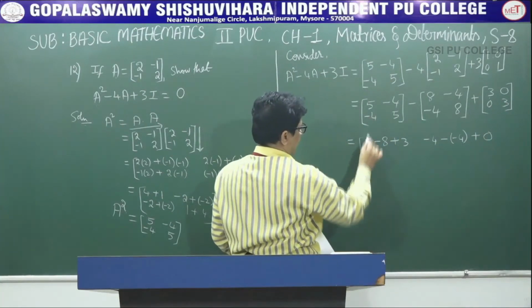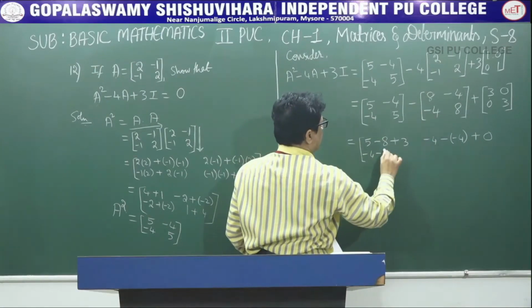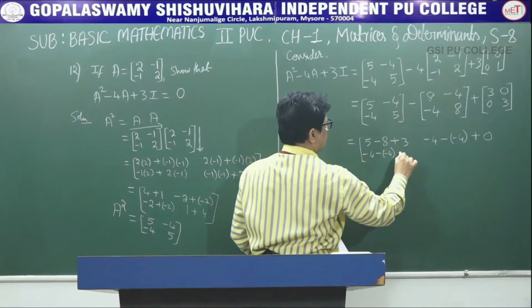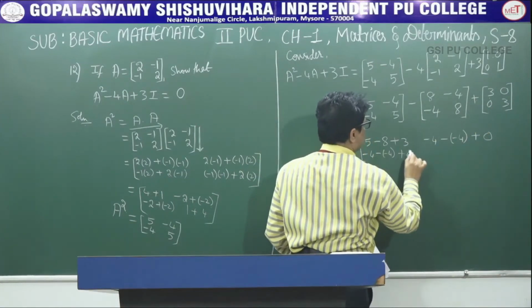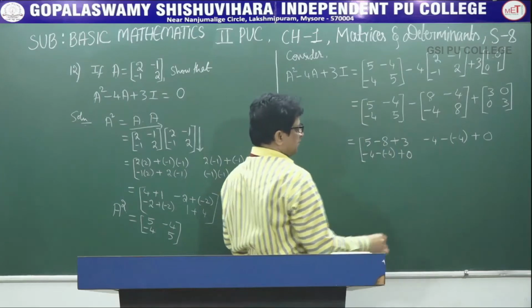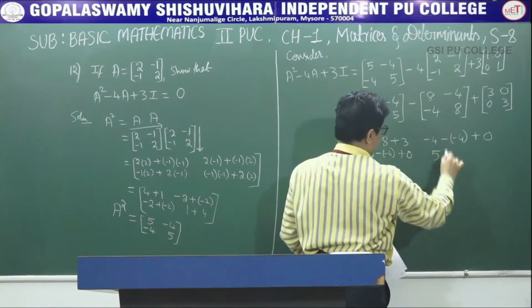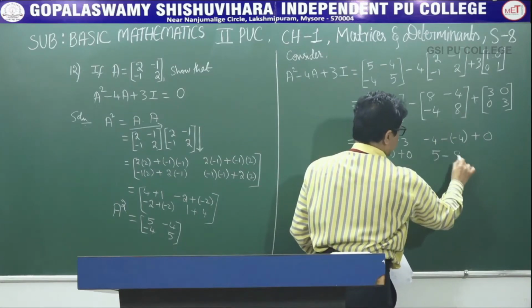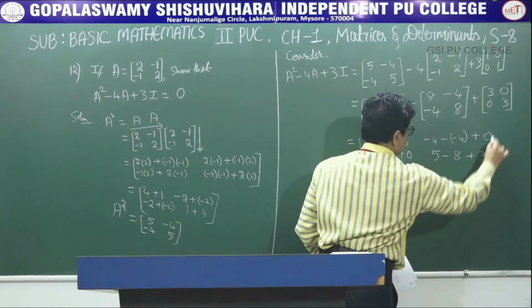Next row, minus 4 minus of minus 4 plus 0. Next element is 5 minus 8 plus 3.